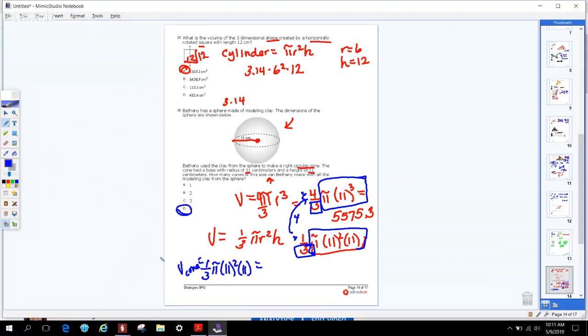So the volume of one cone is 11 times 11 times 11 times pi divided by 3, which equals about 1393.8. So then the last step would be just to divide. We're going to divide how much clay we have altogether by how much is in one cone. And that's the other way you can get this problem.